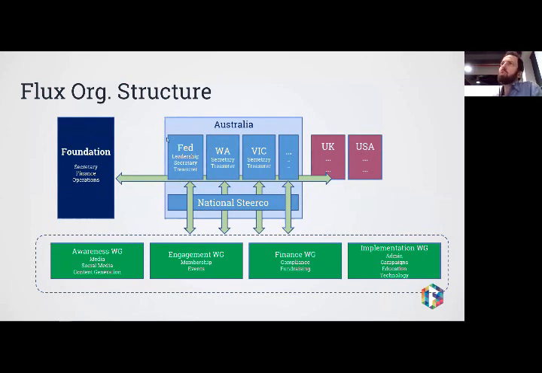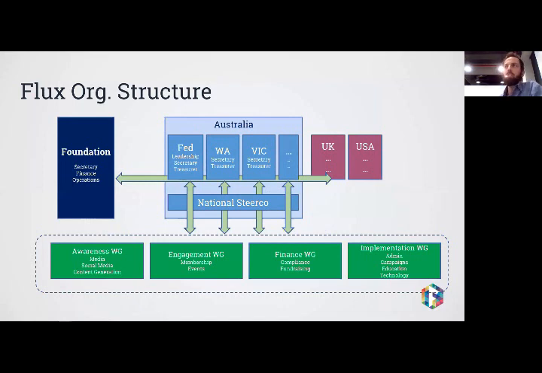Now, to create some alignment amongst the state and federal parties, we have recently set up a National Steerco that meets once a month. The National Steerco's primary objective is to create alignment among the state branches and working groups, and ultimately to provide accountability for getting things done and ensuring that things are actually done when they're supposed to be, and to give us an ongoing monthly update on where things are.